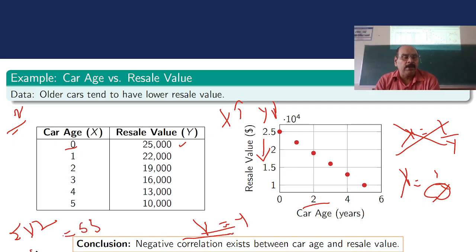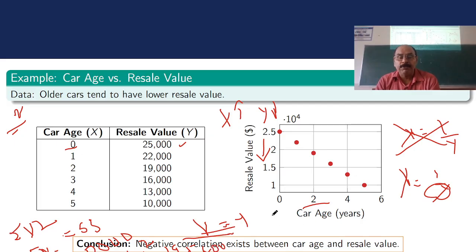Sigma xy is 21. Okay. Sigma y square is 195. Okay.